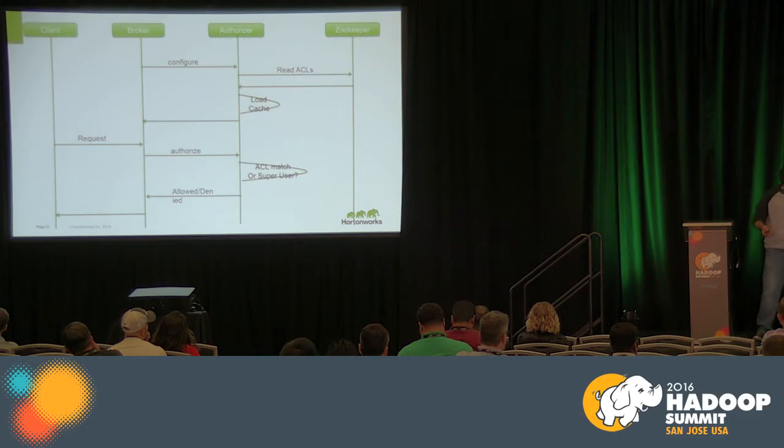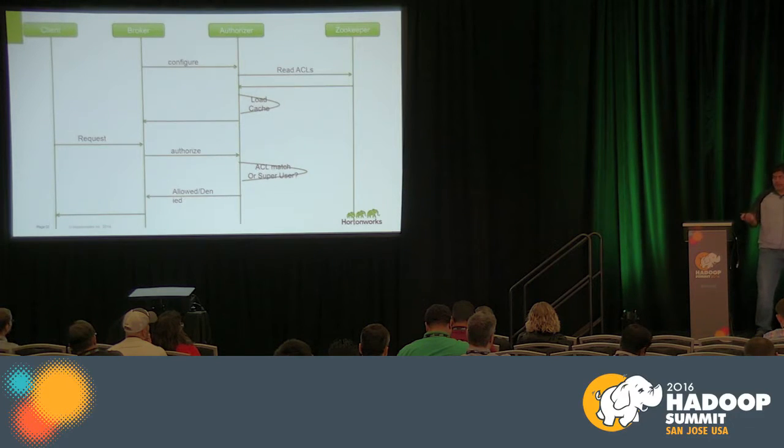This is the flow of how the simple ACL authorizer works. During the broker's initialization, the broker calls the authorizer's init method or the configure method, which reads all the ACLs from Zookeeper and initializes its cache. Anytime a request comes in, because Kafka is supposed to be a high throughput, low latency system, we don't want to hit Zookeeper on every request just to validate something.